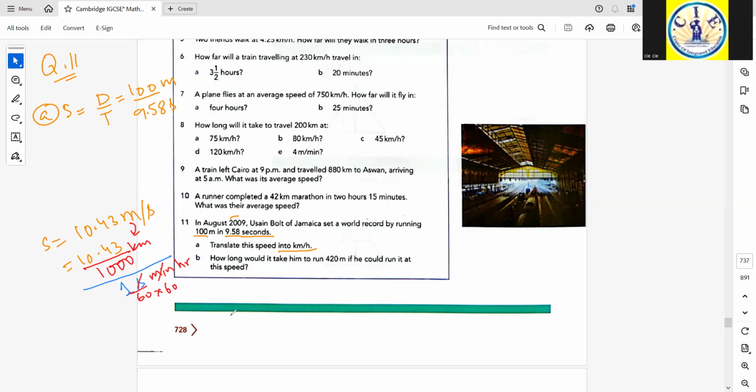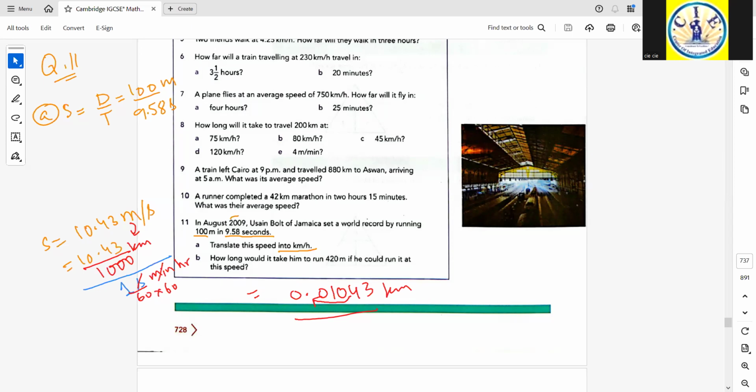Simplifying it, we get 0.01043 kilometers, because the decimal has shifted 3 digits to the left, whole divided by 1 by 3600. 1 divided by 3600 is 2.7777 e to the power of -4.